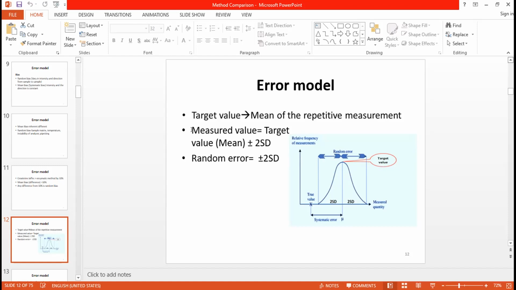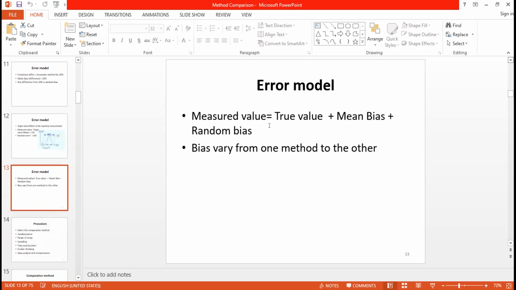So I would say the measured value equals the target value plus or minus 2 SD. And that 2 SD is your random error. So finally, I can say that the measured value equals true value plus mean bias plus random bias. And this bias varies from one method to the other. And this is why method comparison is needed.